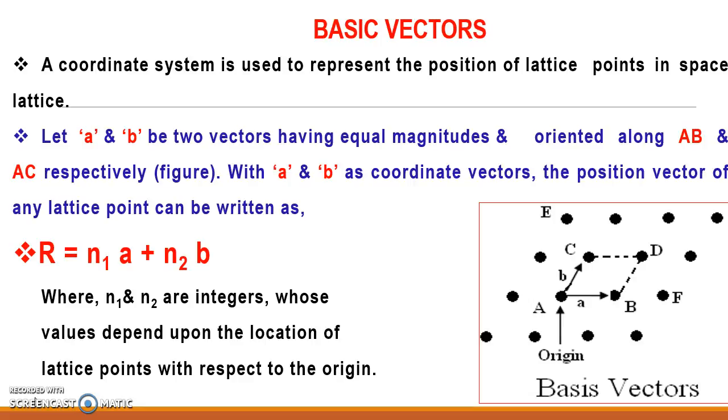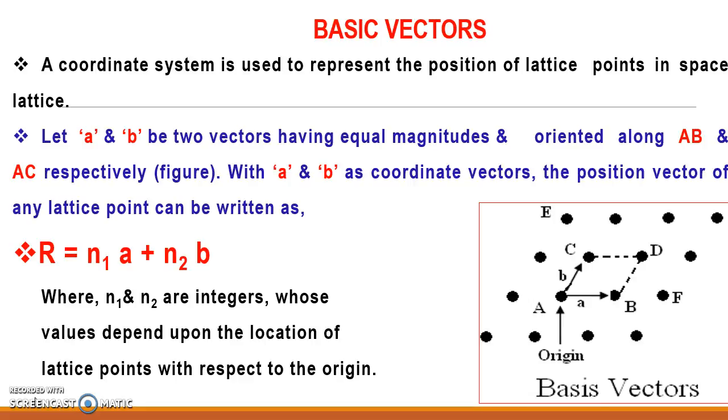So, basis vectors we can represent in a coordinate system. It is used to represent the position of lattice points in space lattice. Let A and B be two vectors having equal magnitudes and oriented along AB and AC respectively, as per the figure.